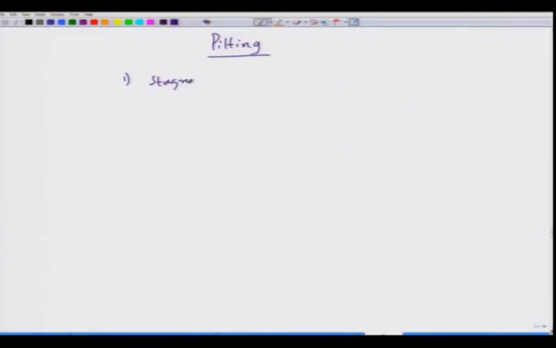In the case of pitting also, we need stagnant solution, and on the surface, the water should be stagnant rather than flowing, and the metal should have some sort of weak regions. I mean to say that weak regions means some active regions, like grain boundary. Grain boundary is a place where the activity of that region is more than the activity of the grain body. Here I am talking about electrochemical activity.